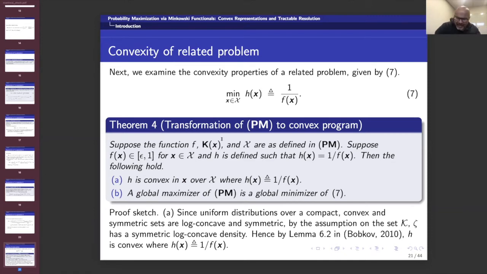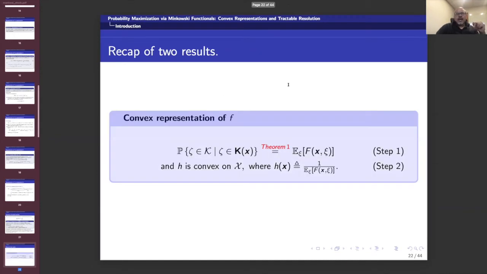Okay, so if you have that, then you can show that the reciprocal of the original probability is actually a convex function. Now, I want to recap these two results. You can think about the analysis later if you want, and we can talk offline.